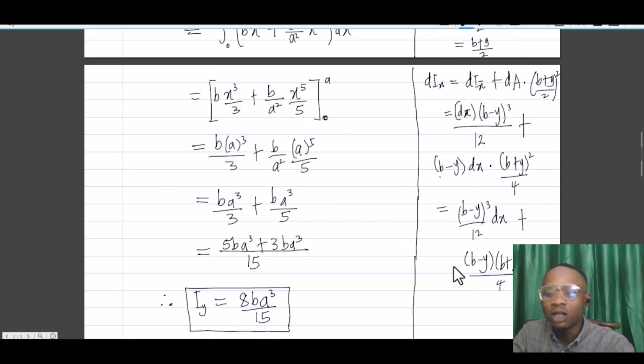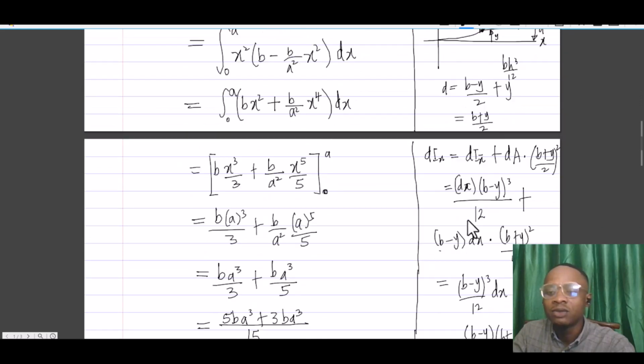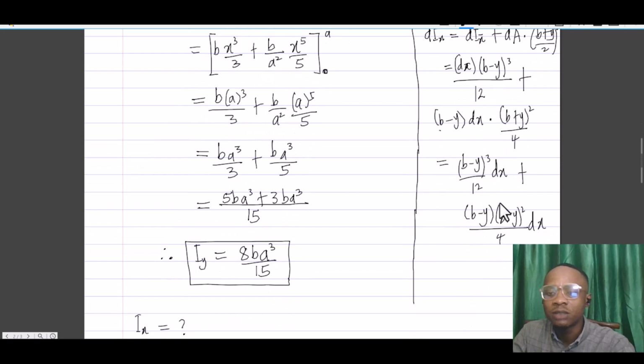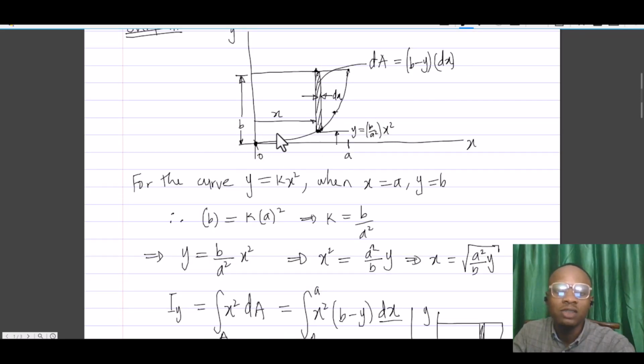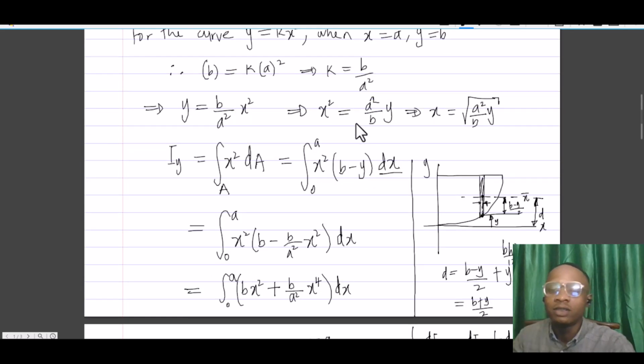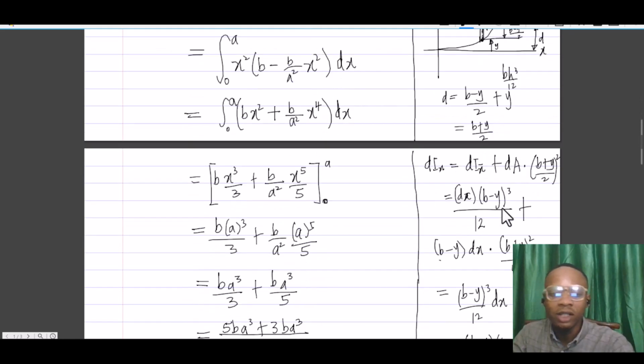But of course, we can go through it, substitute for y here with this expression, y squared equals b over a squared x squared, and then do this integration with respect to x over the entire area. When you do that, you get your result. It will not be a good process to go through because that will take a long time.